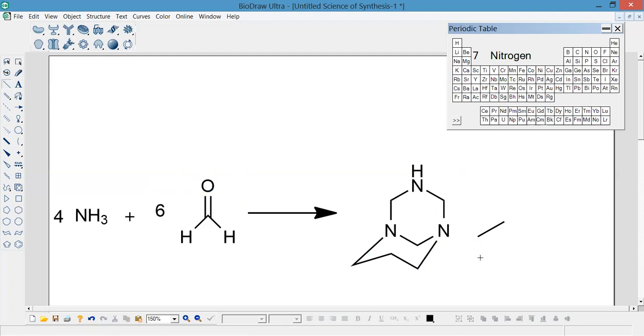This is a cyclic structure. Apart from this, it is a bicyclic compound, represented like this.